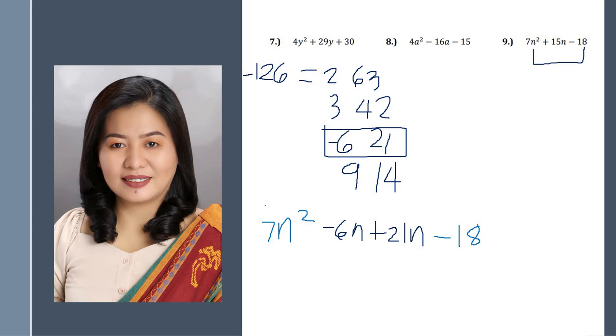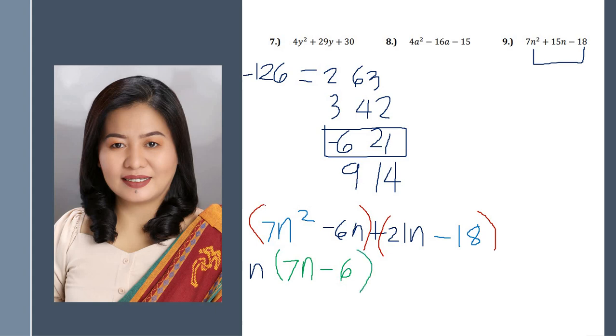Then we group. Then n is the common factor. So we have 7n minus 6.